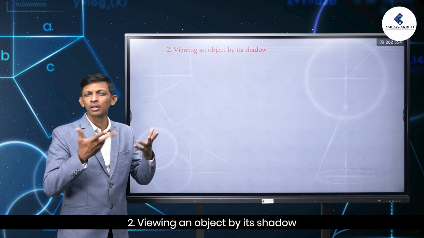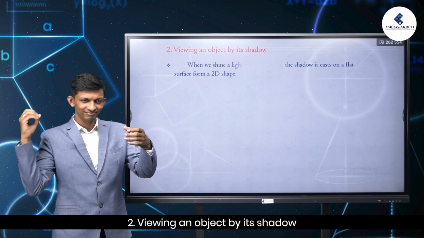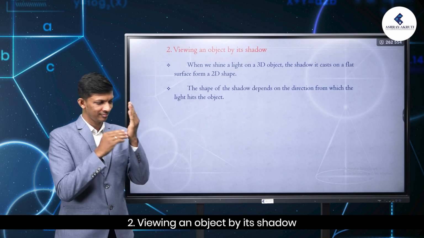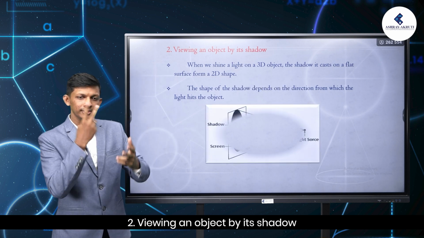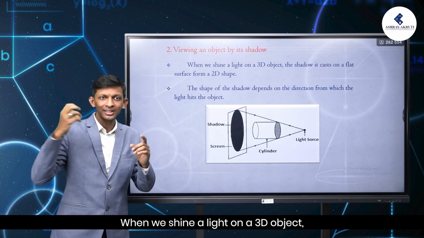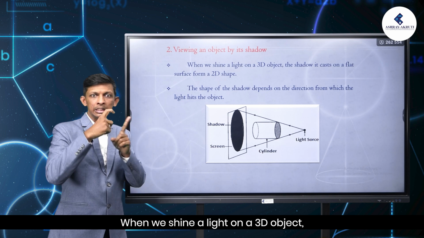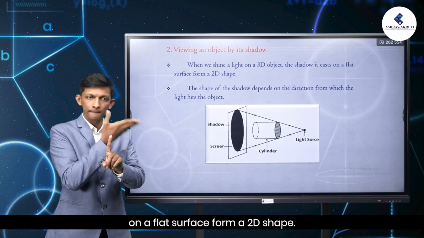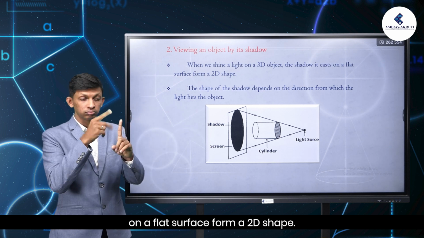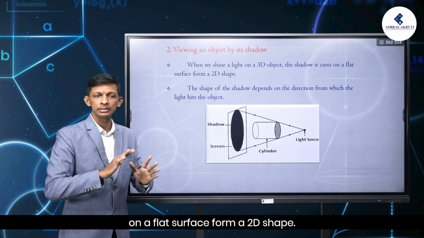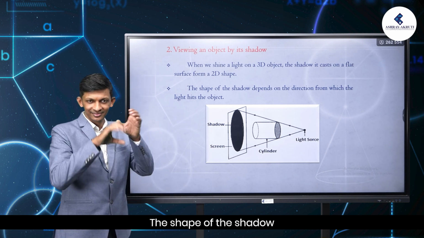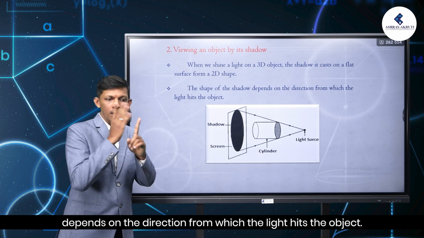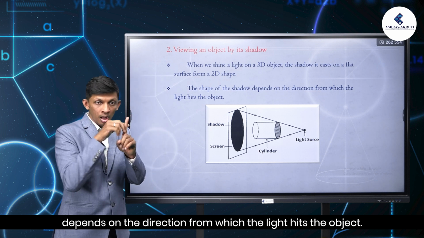Viewing an object by its shadow. When we shine a light on a 3D object, the shadow it casts on a flat surface forms a 2D shape. The shape of the shadow depends on the direction from which the light hits the object.